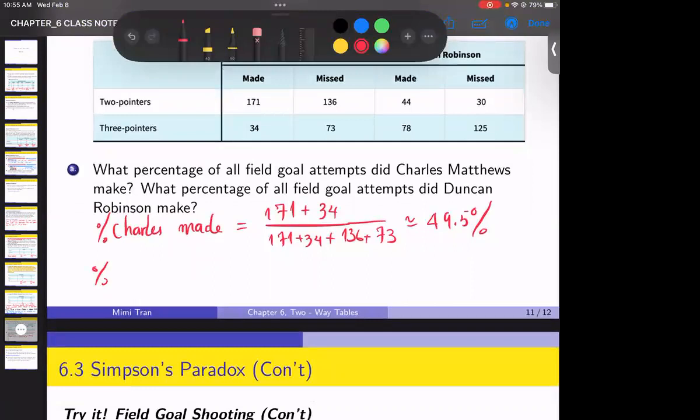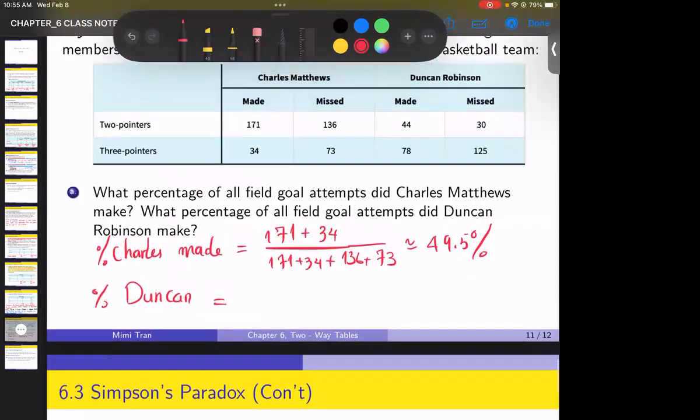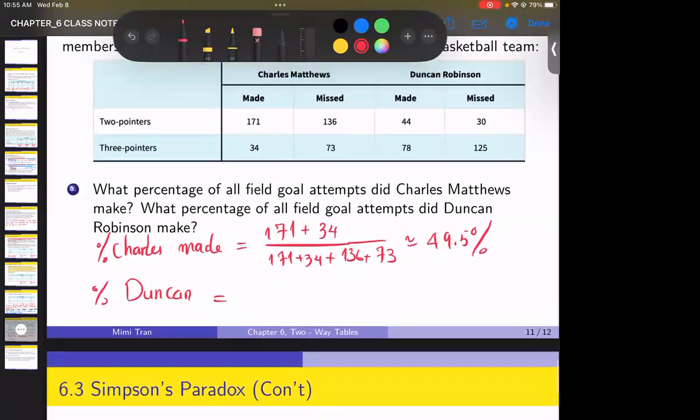And then for Duncan Robinson, he made what? The made column will be 44 plus 78 divided by all of his. So 44 plus 78 plus 30 plus 125.